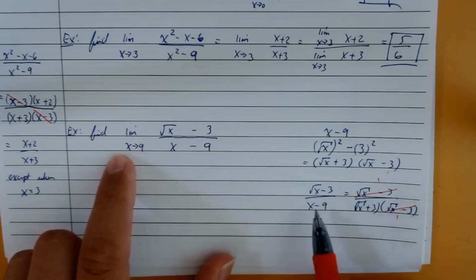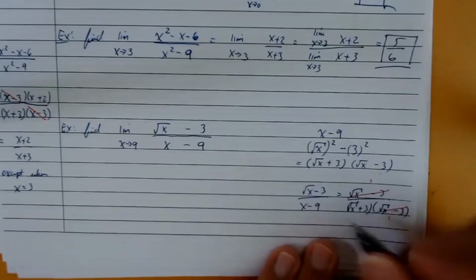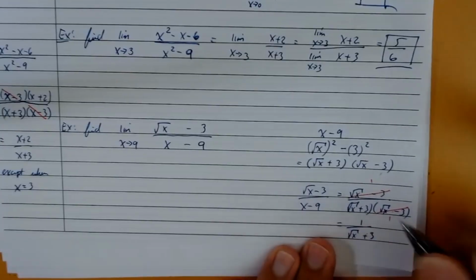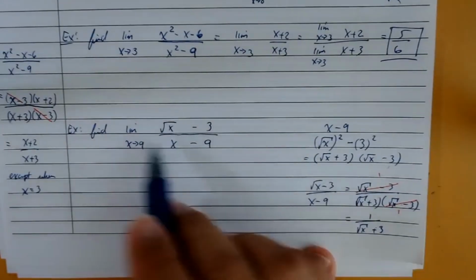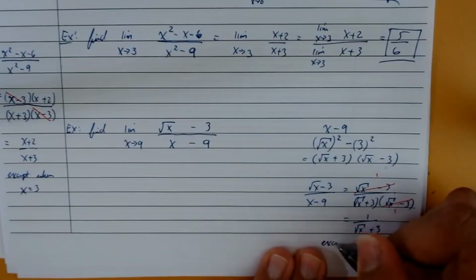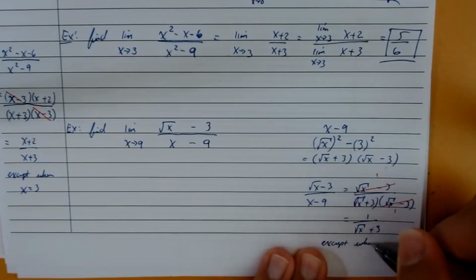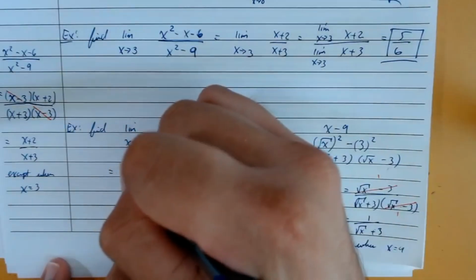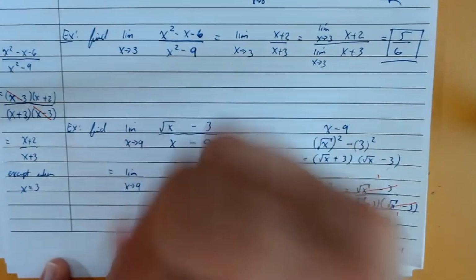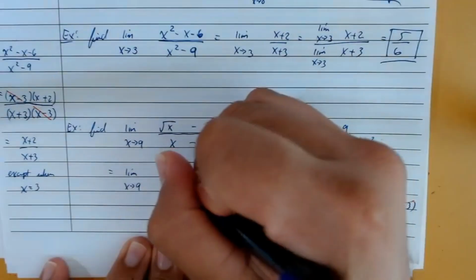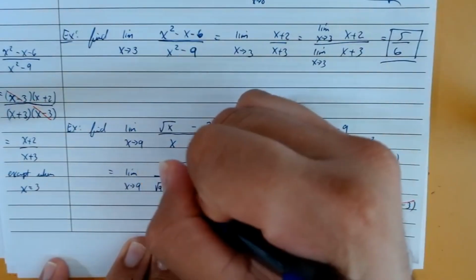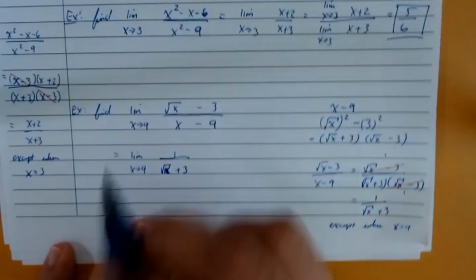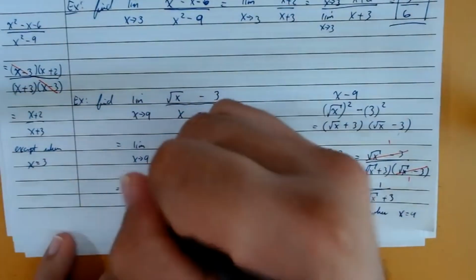So here, this is equal to 1 over the square root of x plus 3, except when x is equal to 9, which, again, we don't need to worry about. So that can be written as the limit as x approaches 9 of 1 over the square root of x plus 3, which now we can take the limit of the top and the limit of the bottom separately.